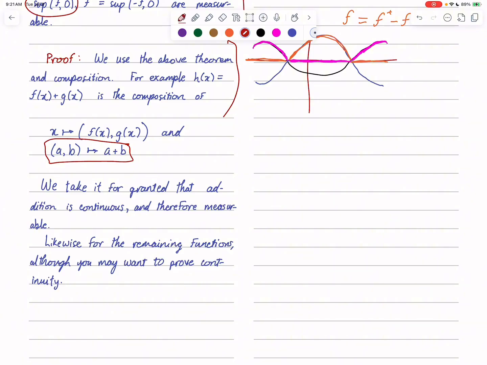Now, here we're going to take it for granted that addition is a continuous function, and therefore it is a measurable function. And that effectively gets us two measurable functions.